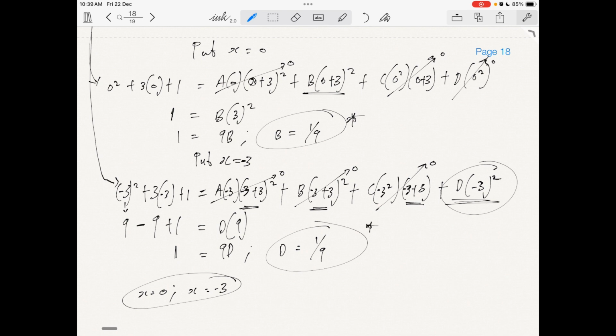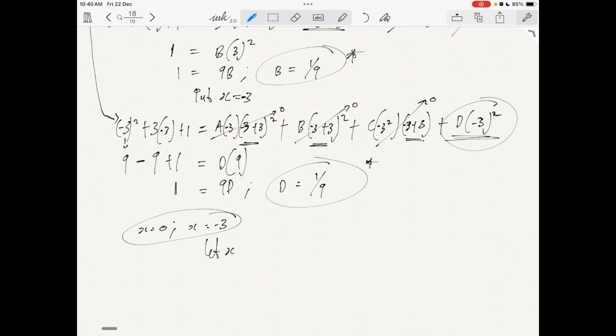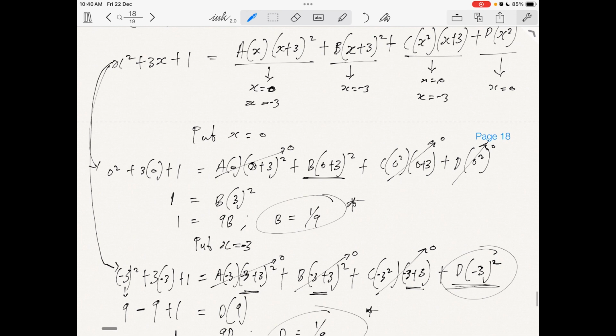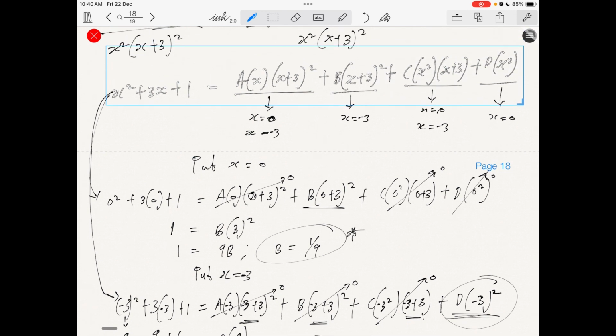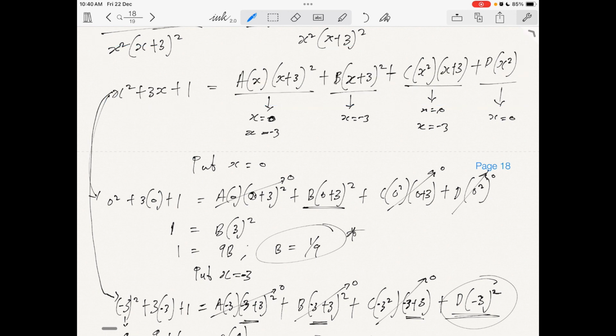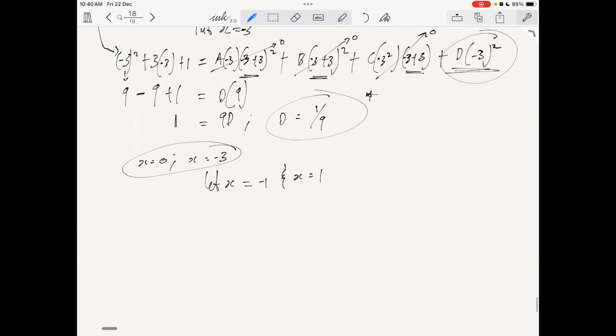So let's assume x equals minus 1 and x equals 1. Still from the same equation, we want to substitute x equals 1 and also x equals minus 1, so that it's a way to bypass the comparing coefficients method, which is quite efficient. So let's put x equal to minus 1.